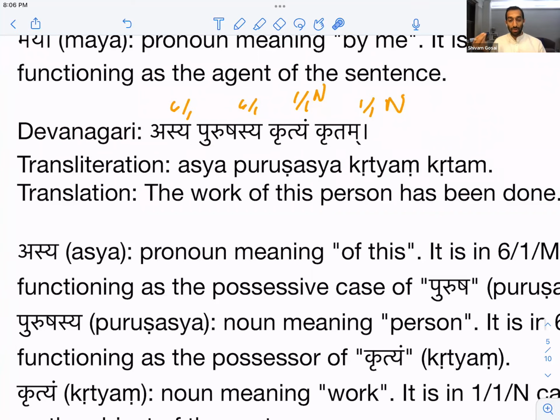If we want to do it as literal translation, this would just be that which should be done, what has been done. That which should be done by this person has been done. We would have to use by in that type of translation. That's more literal translation, but if we translate should be done by work or duty, then it translates like this.